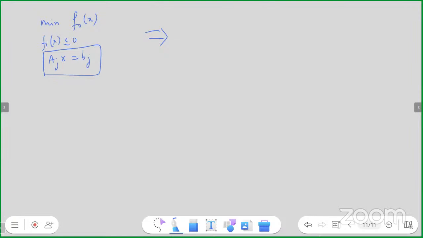What is it enforcing? This constraint is enforcing something, right? That x should belong to what? That plane. Yeah, but something more. You know this. Ax equal to b implies what? Something about range space, null space. So b belongs to the column space. Column space. Okay, so then that's what I want to get rid of, essentially.